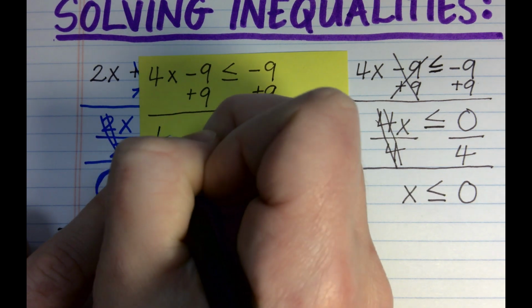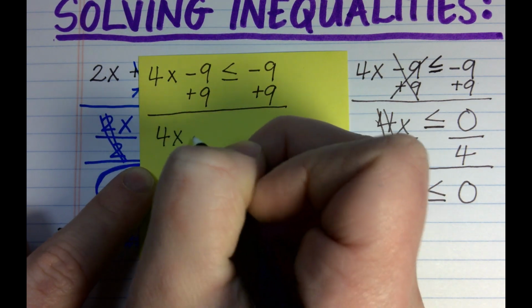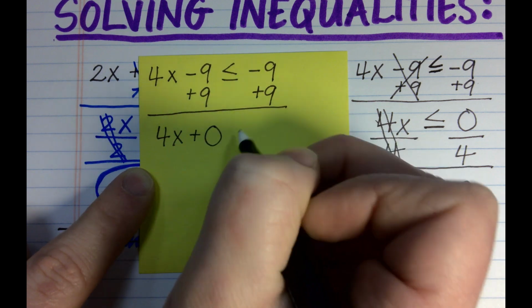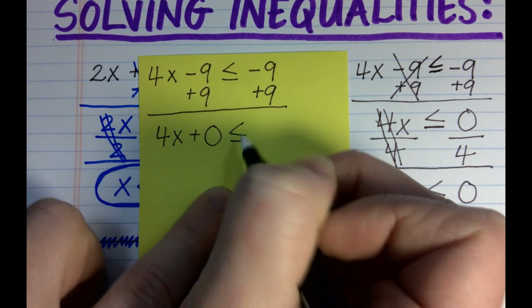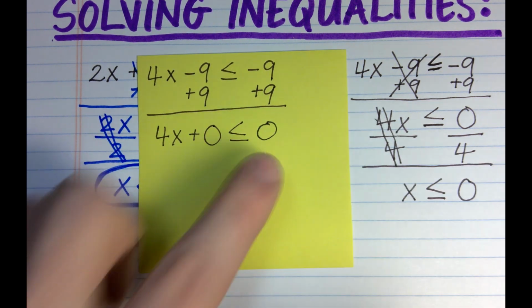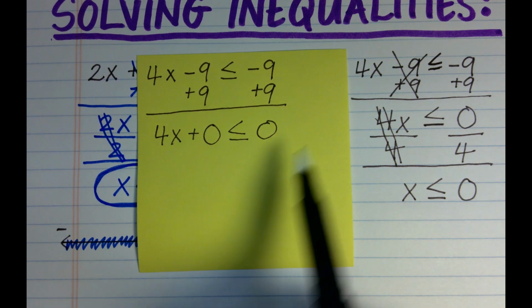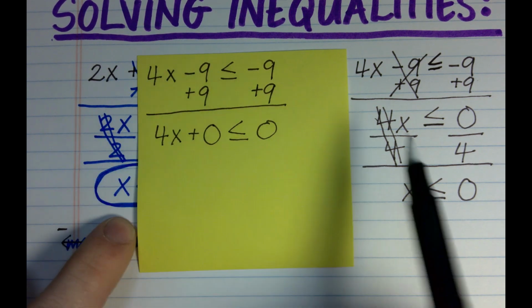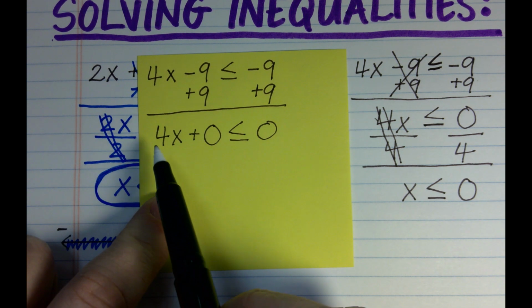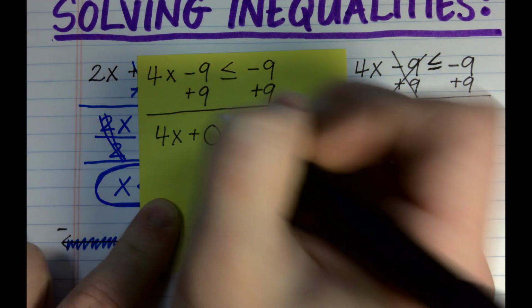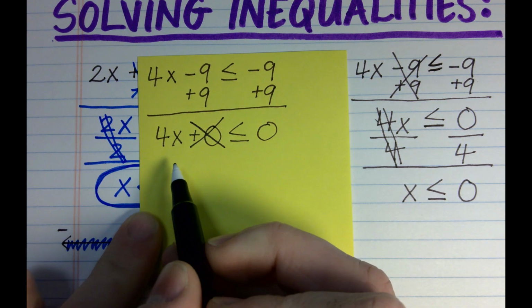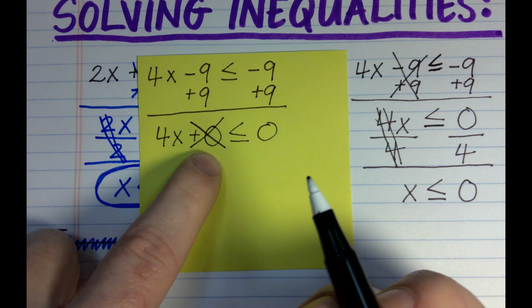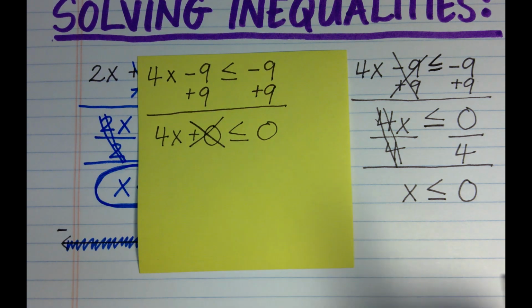So we would have 4x plus 0 is less than or equal to 0. All we're doing by canceling is just saying, I know that 4x plus 0 is the same thing as 4x by itself. So we're just not writing the 0 because it would just add an extra step. So anytime we cancel something out, we cancel it out usually because it's 0.